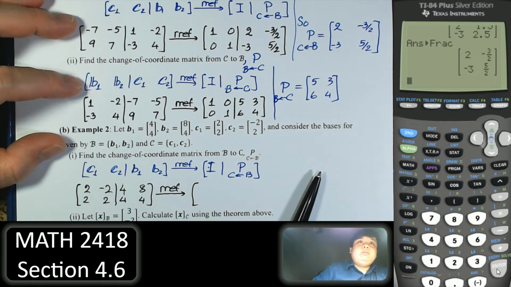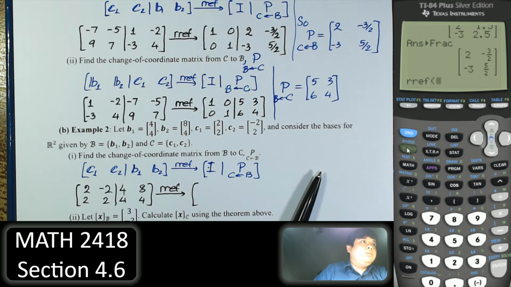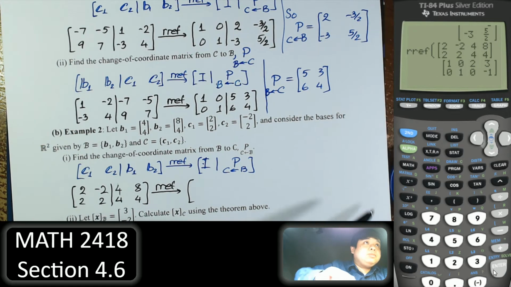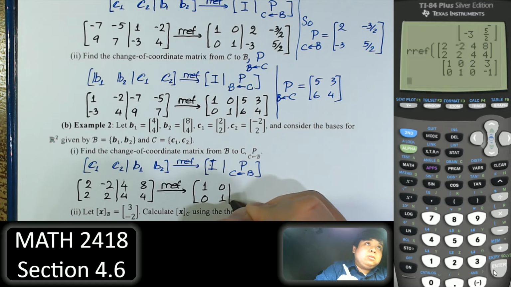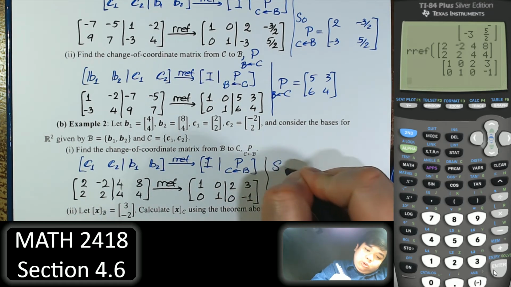And reduce to echelon form. Two, negative 2, 4 and 8, 2 and 2 and 4, right?